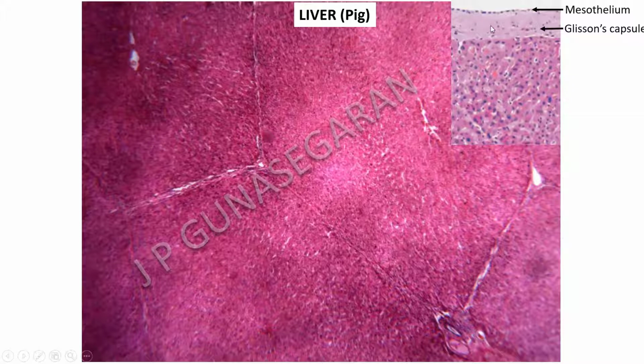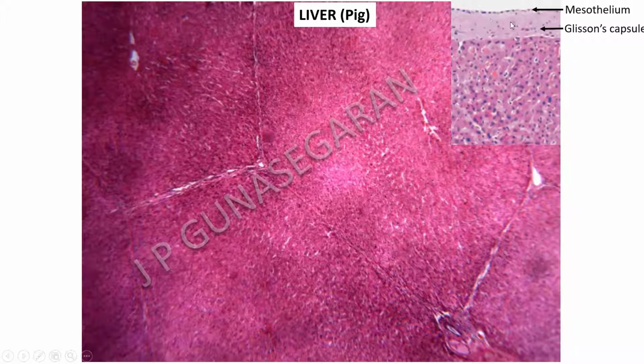Stroma is the connective tissue component that includes a fibrous capsule known as Glisson's capsule surrounding the organ. External to the capsule, there is a mesothelial covering because liver is invested mostly by peritoneum.